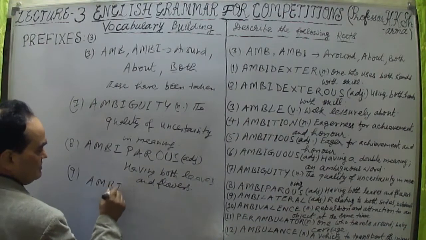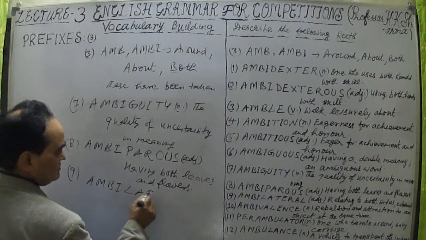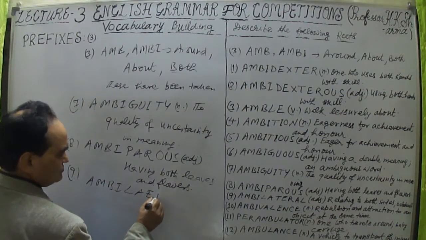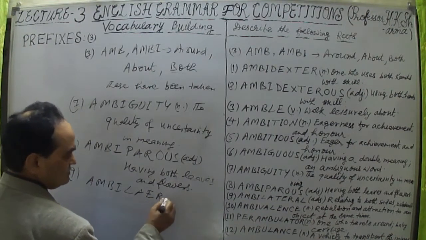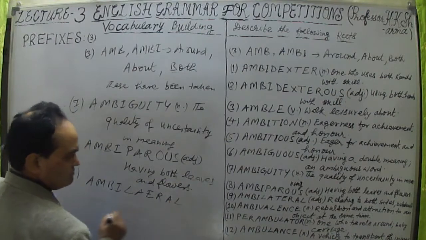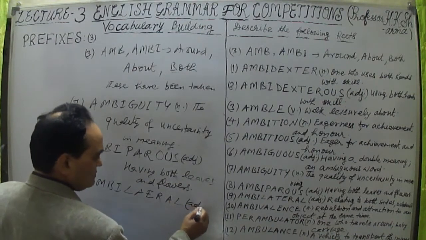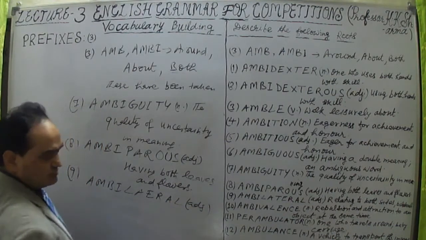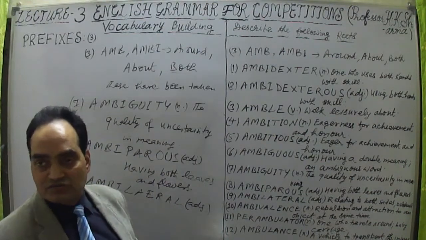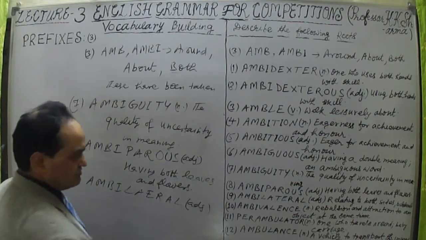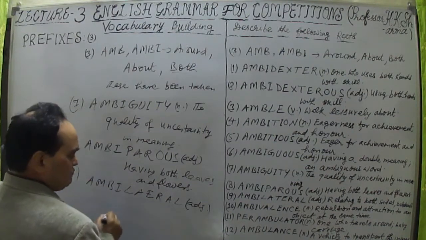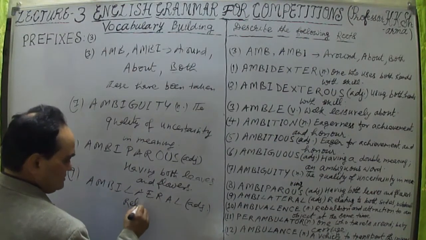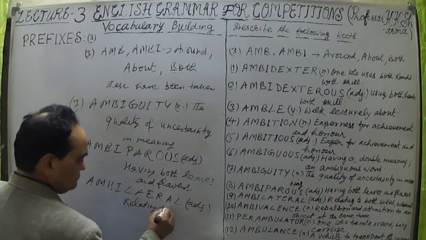Next word is ambilateral, L-A-T-E-R-A-L. Adjective again. So AL also sometimes gives us an adjective. Ambilateral means having both sides or relating to both sides.